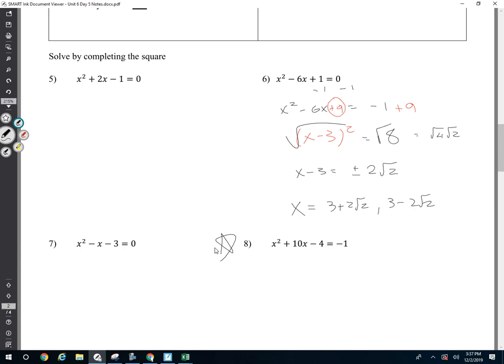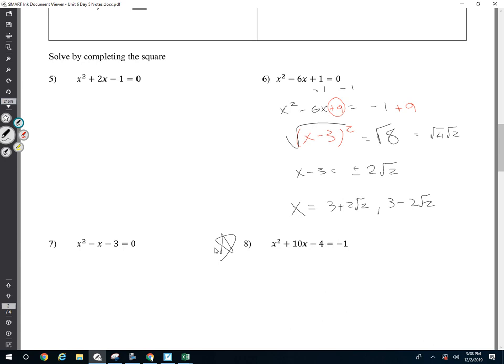We are going to add a number to both sides of the equation so that the left side is a perfect square. To figure out that number, I take this 10, I divide it by 2, and I square it. So, stay with me.